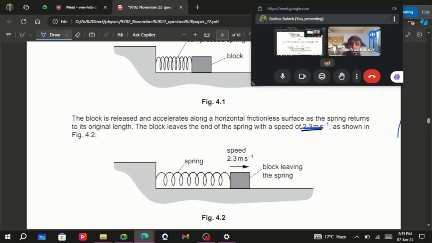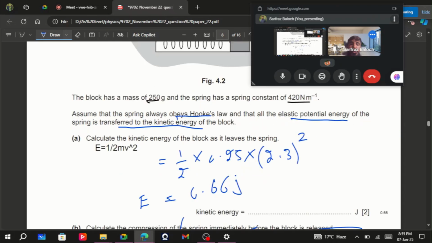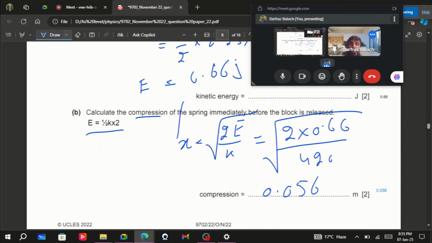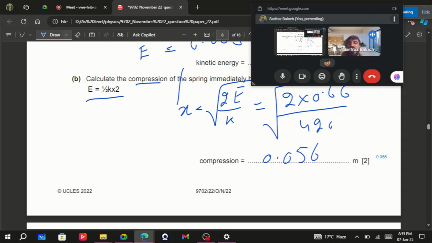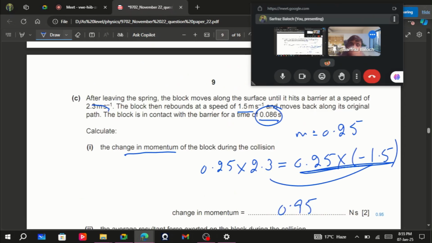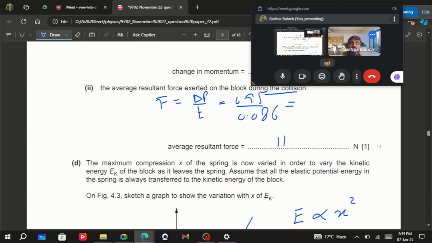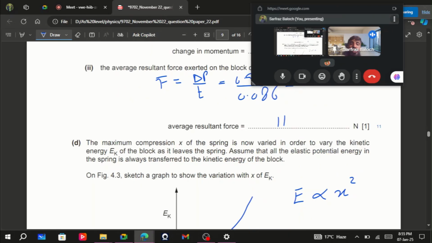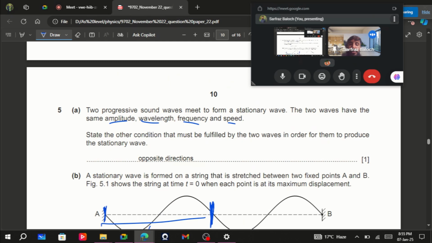Next is about Hooke's law and kinetic energy. Elastic potential energy or strain energy is equal to half k x squared. Next is about change in momentum, again a simple thing. Next is about force, which is equal to change in momentum per unit time. Nothing new. This is about stationary waves and wavelengths.